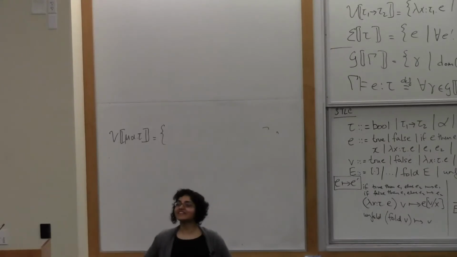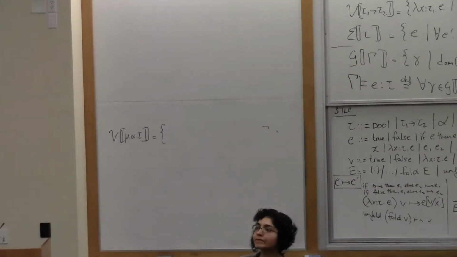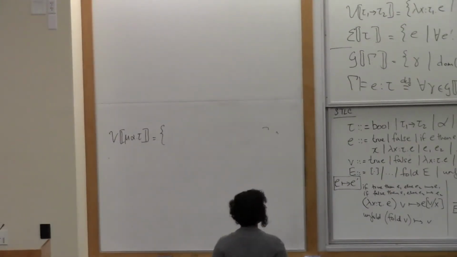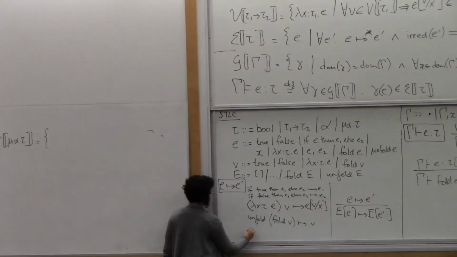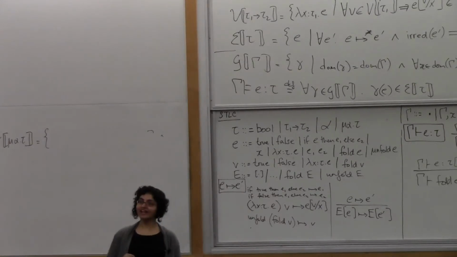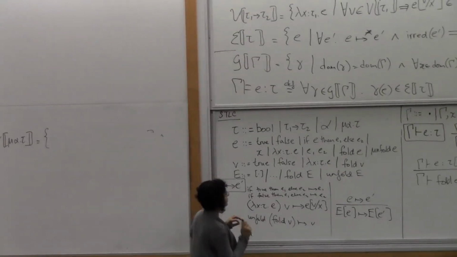Yeah? And like, why don't we need to add fold, unfold, V? I mean, why do we only need to add this direction? Oh, fold, unfold, V? Because the fold is, if we have a fold E, then how do we reduce a fold E? Okay, so here's the thing.